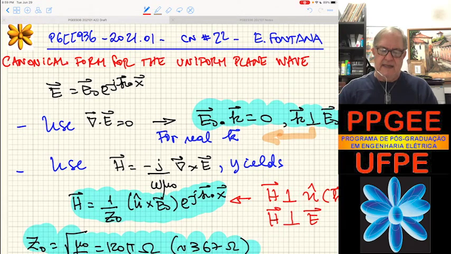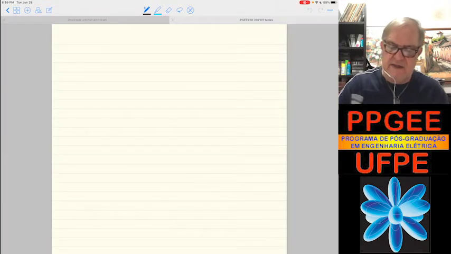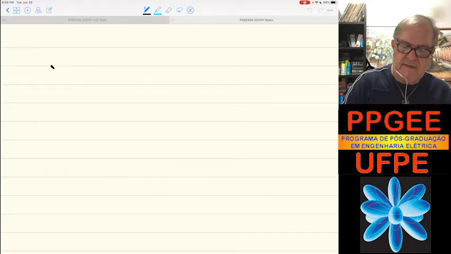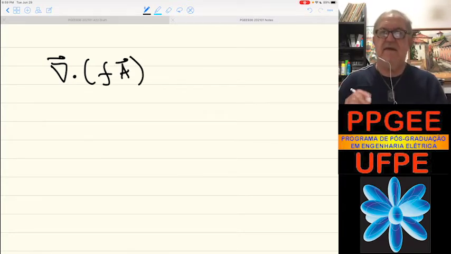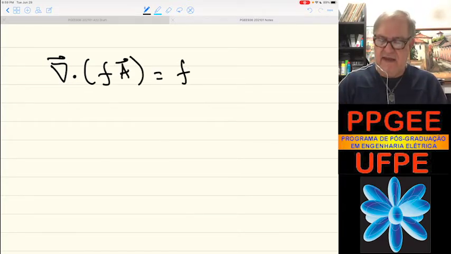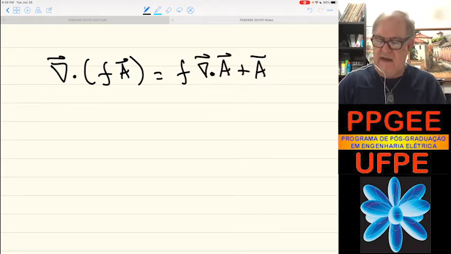If I calculate the divergence of E, the divergence of a function times a vector, by the chain rule, is the function times the divergence of the vector plus the vector dot the gradient of the function.